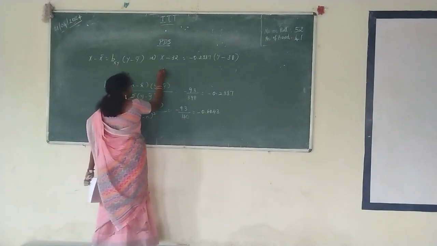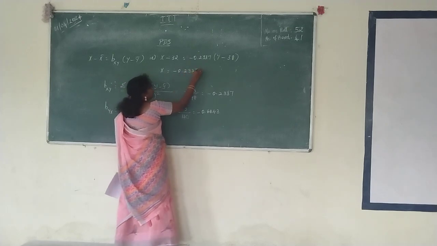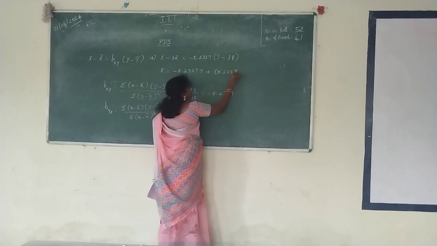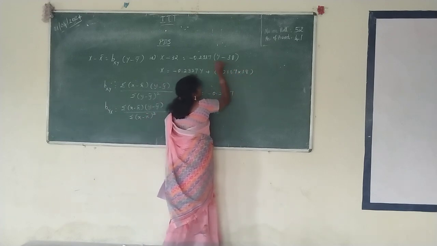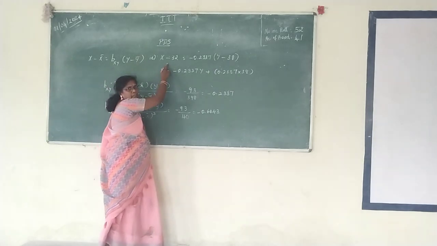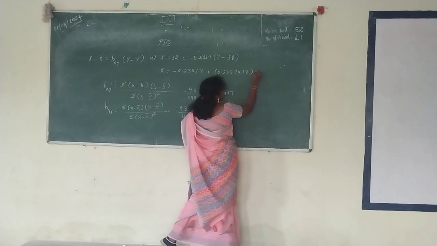So x is equal to minus 0.2337 y plus 0.2337 into 38. Multiplying inside, we are having a constant. This is negative, and when you bring it to the right hand side, it becomes positive.